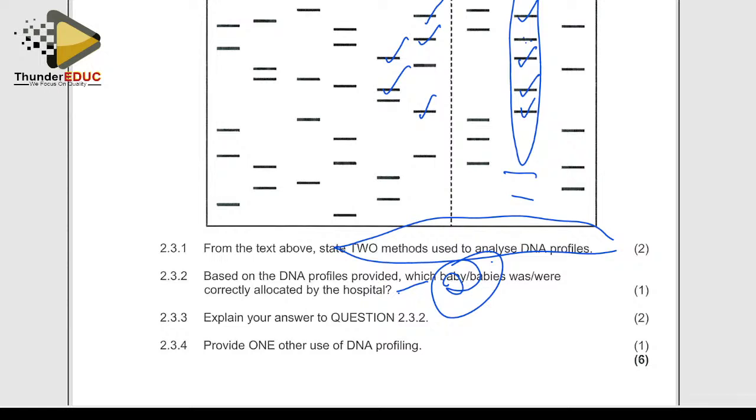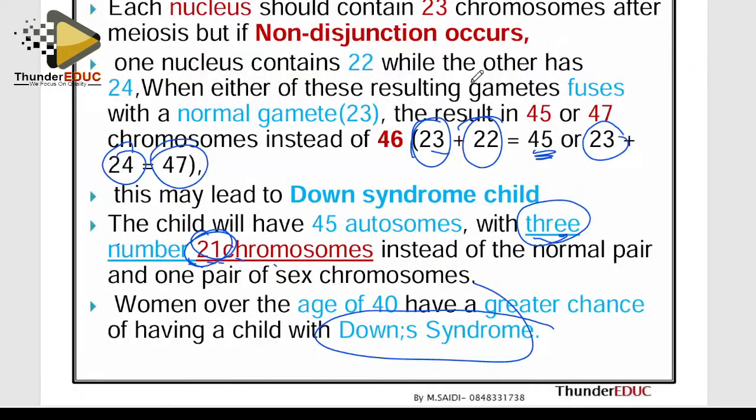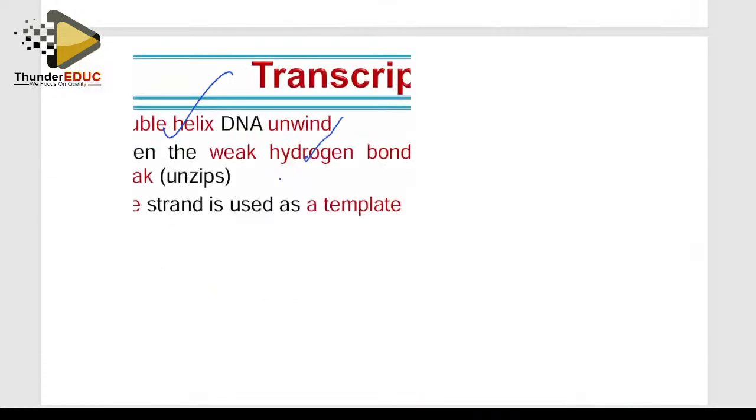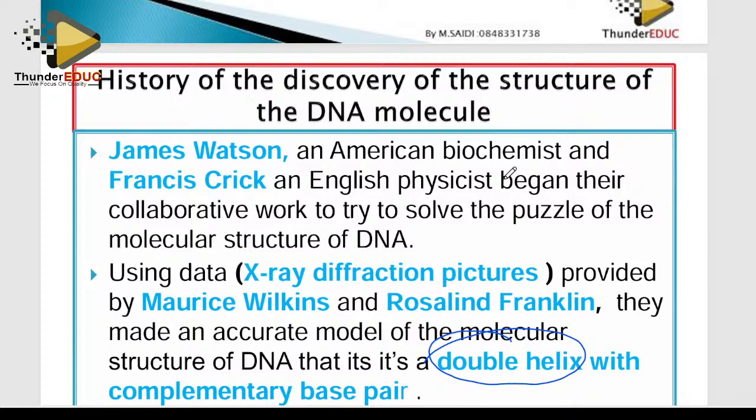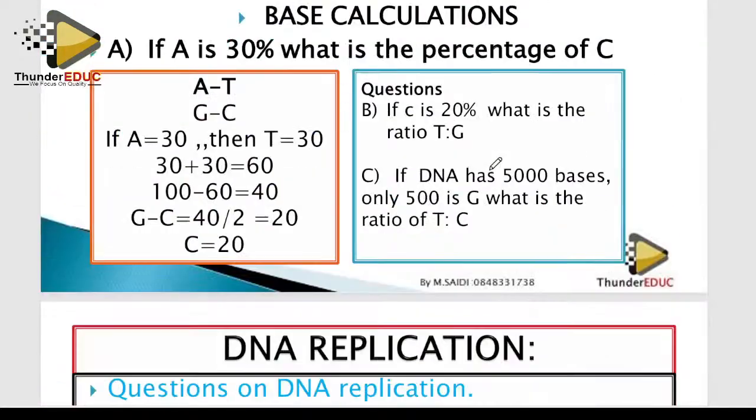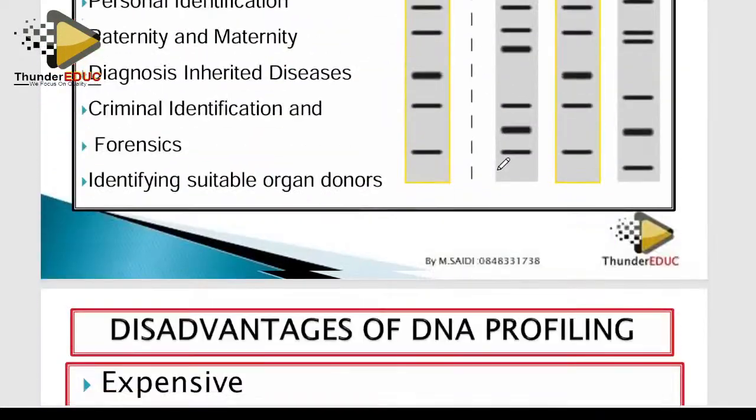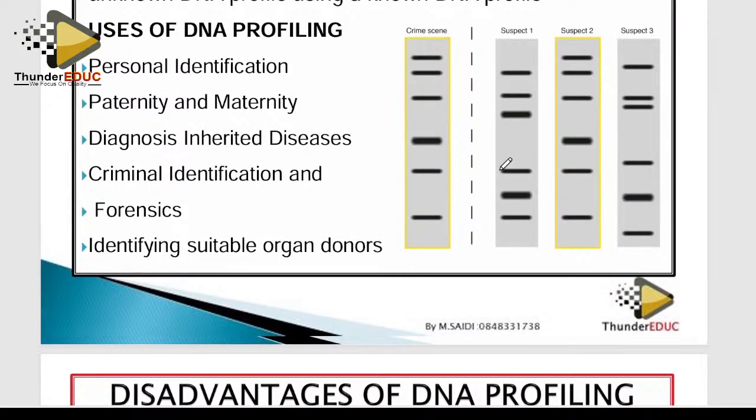So that is it. Provide one other use of DNA profiling. I told you, go read about it. You have a lot about this. Talking about donor, talking about the forensics. How do they use it?